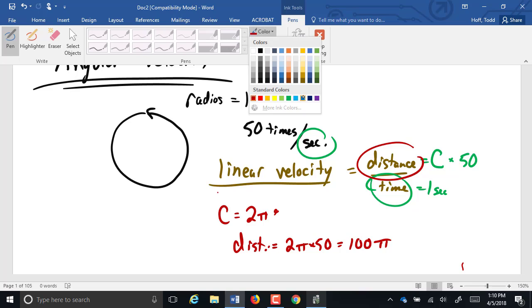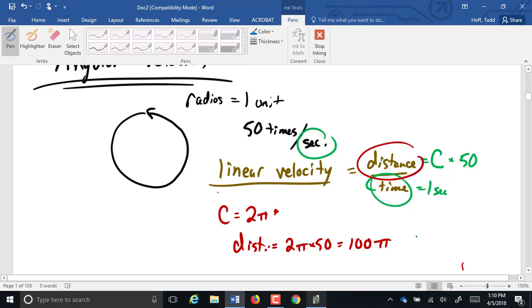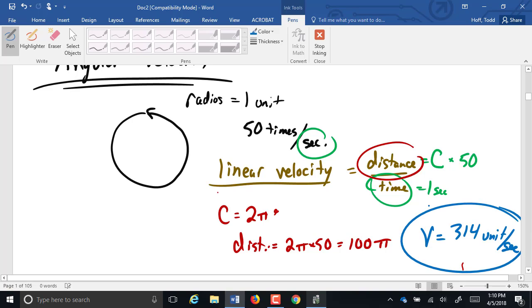So the velocity of this thing is 100 pi, or 314, divided by 1. So that is in units per second. That would be the linear velocity.